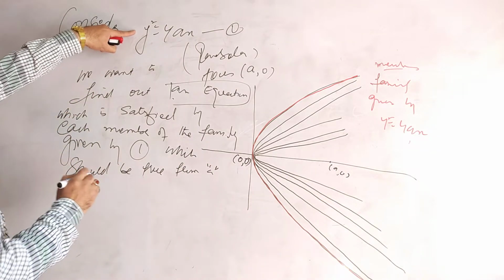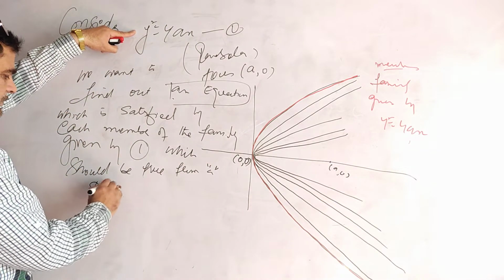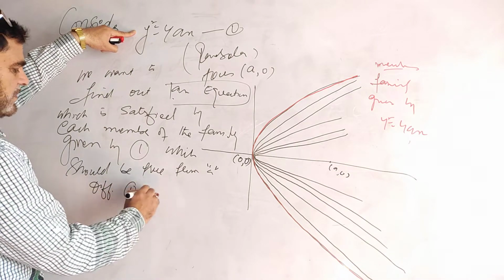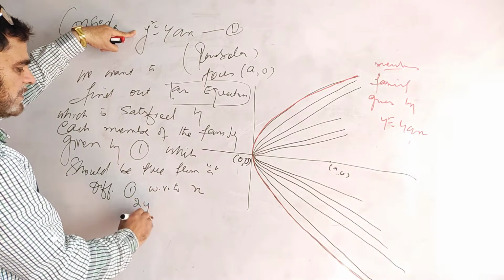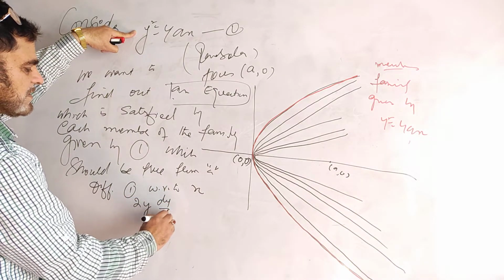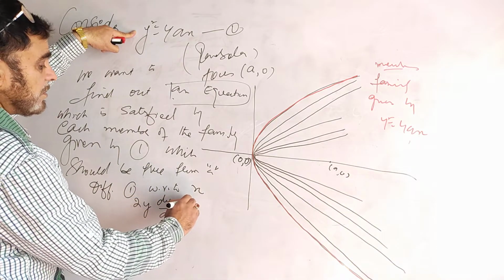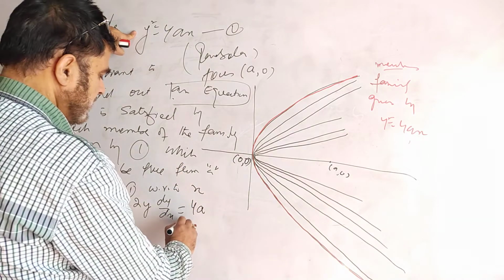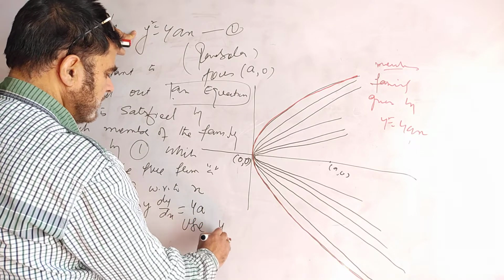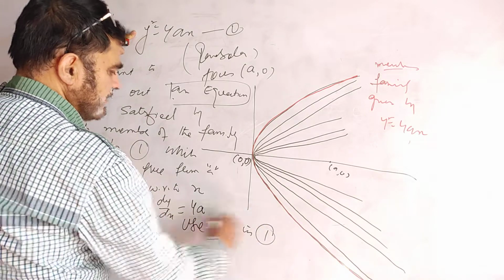We differentiate this. Differentiate first with respect to x. This will give you 2y dy by dx is equal to 4a, since the derivative of x is 1. Now use this 4a in first.